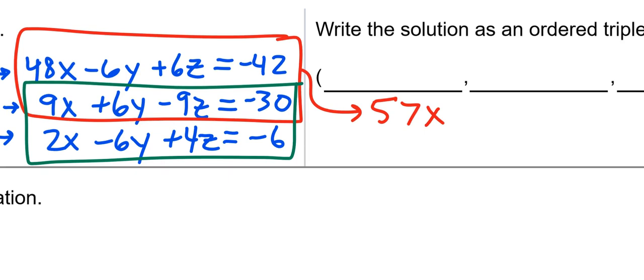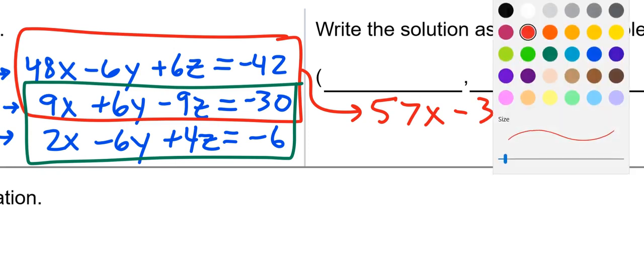Thank you. 57x. My y's are gone. I got minus 3z. And then I got negative 42 plus negative 30. What's negative 42 plus negative 30? If I borrowed $42 from you today and borrowed $30 from you tomorrow, how much would I owe you? Without interest, $72. Okay? How about the green one?